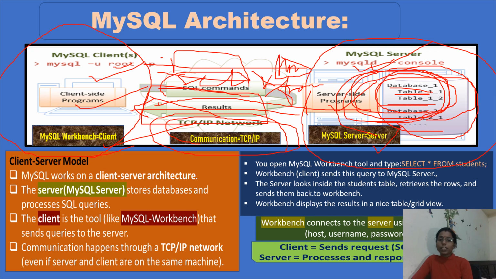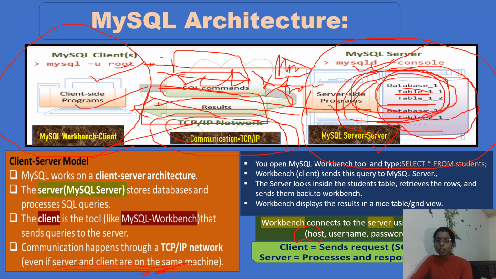And how does Workbench connect to the server? Workbench connects to the server through four things: host, username, password, and the port. Host is either localhost or the server IP. As mentioned, the server and client can be on the same machine.